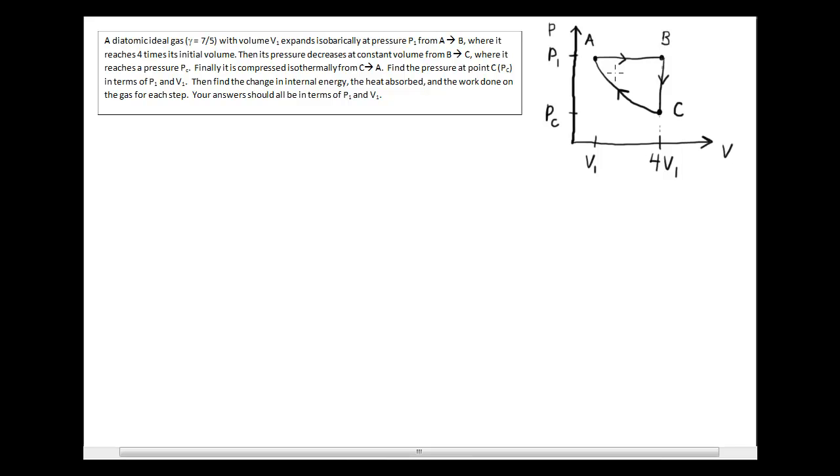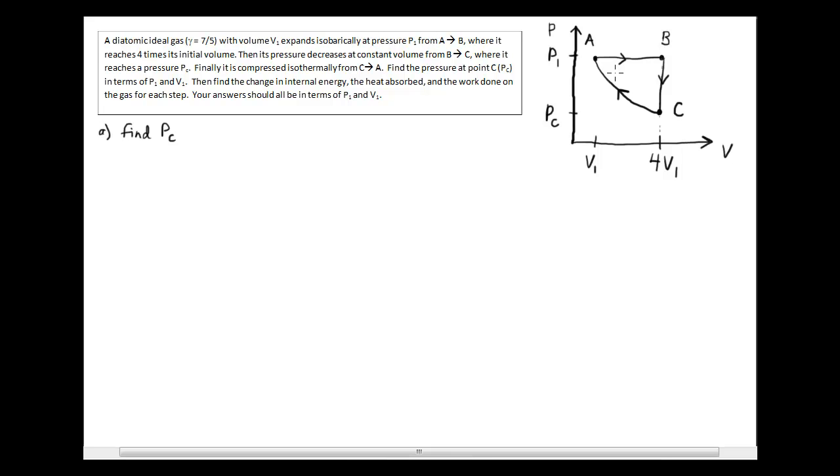So first of all, I'll call this part A, and that's to find P sub C. The key to being able to figure that out, because we'd like to know it in terms of P1, is that it's probably going to be simply some fraction of P1, but what fraction is it? Is it 1/3 P1? Is it 1/2 P1?